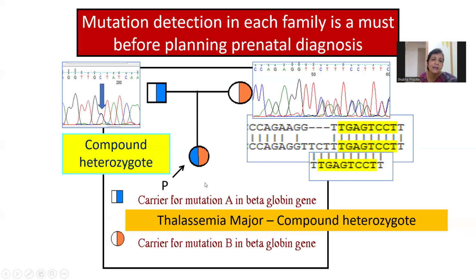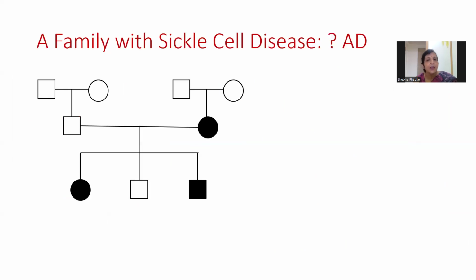So these are compound heterozygotes at the molecular level, meaning both copies are mutated. You can call them homozygous, but truly speaking, they carry two different DNA variations in the two copies of the beta globin gene, and are called beta compound heterozygotes.